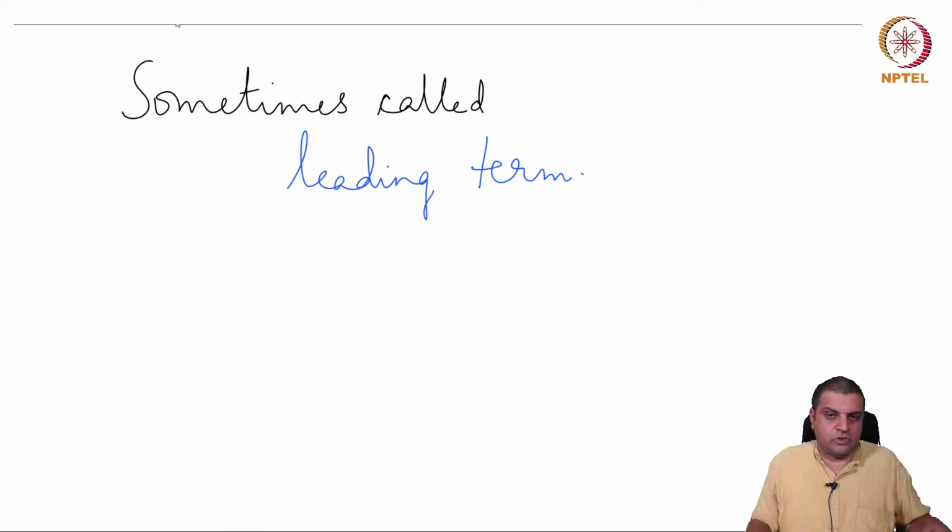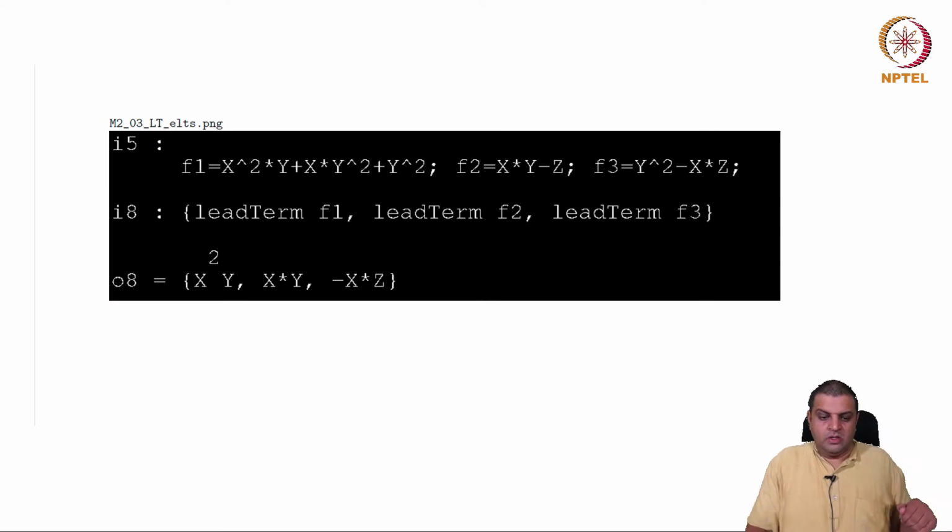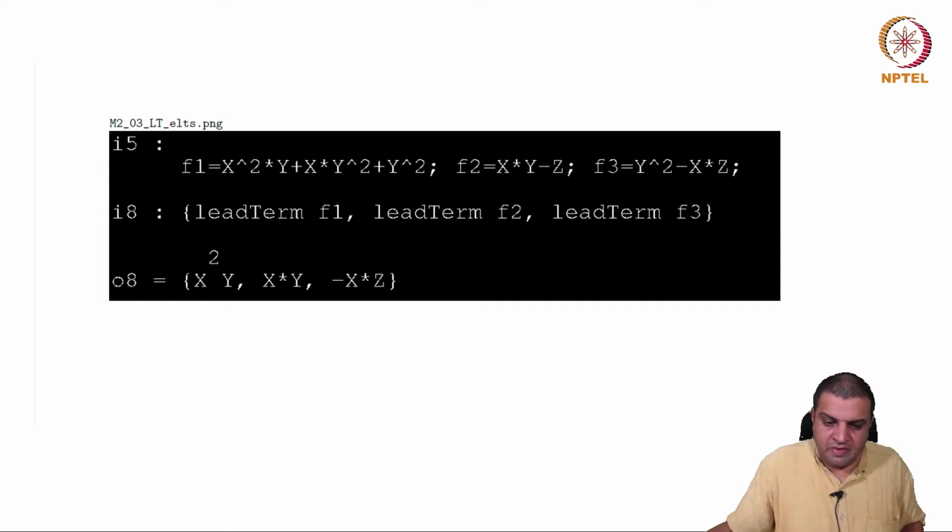Now let's look at, so here are three polynomials. This is again the same polynomial ring in three variables, x, y and z. Order is graded lex.